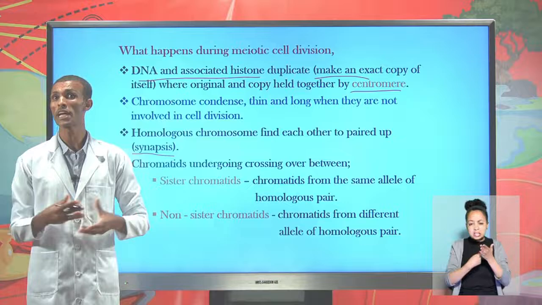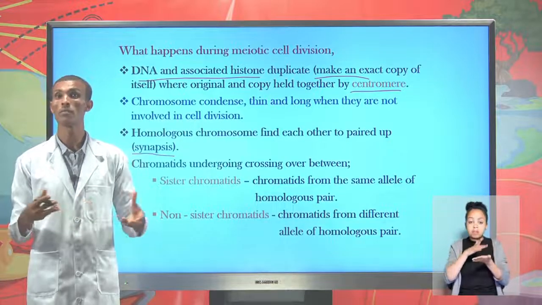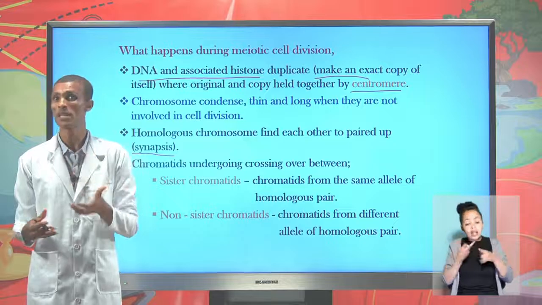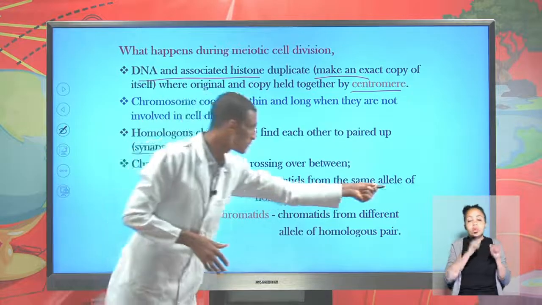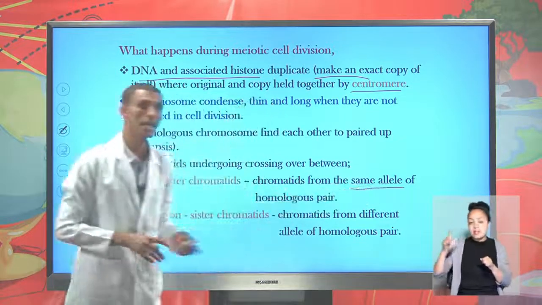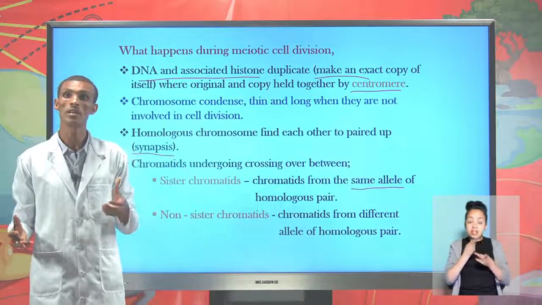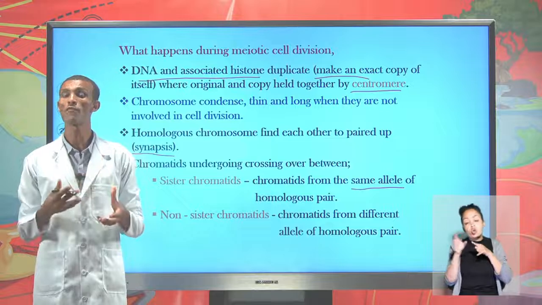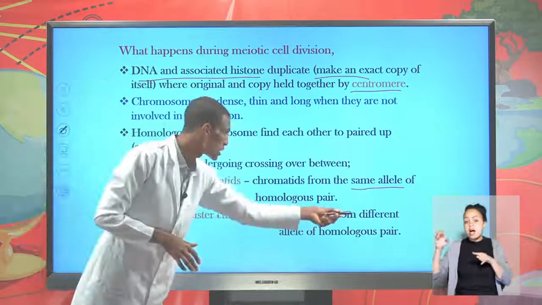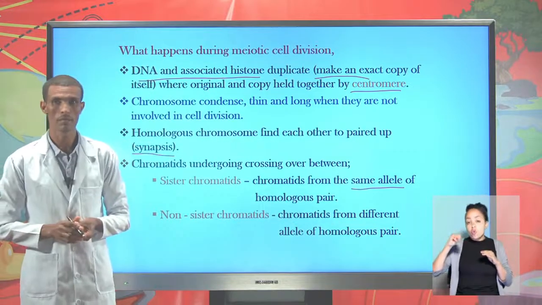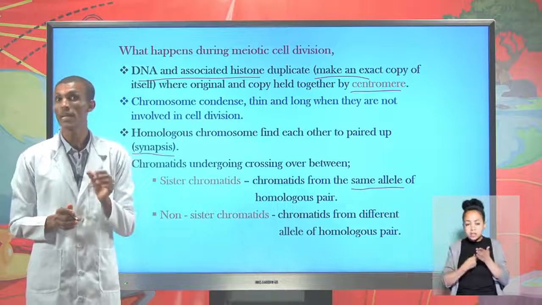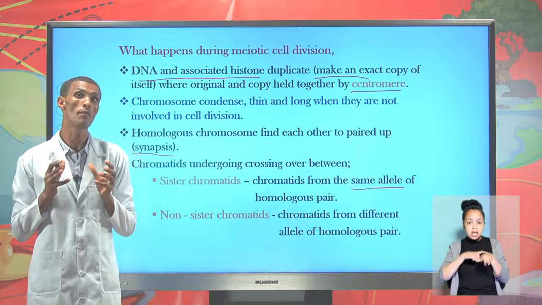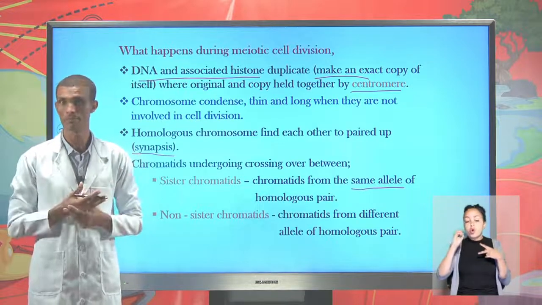This crossover may take place between sister chromatids from the same allele in a homologous pair, and it may also take place between non-sister chromatids from different alleles in a homologous pair. This crossover in synapsis is very important during meiosis cell division.